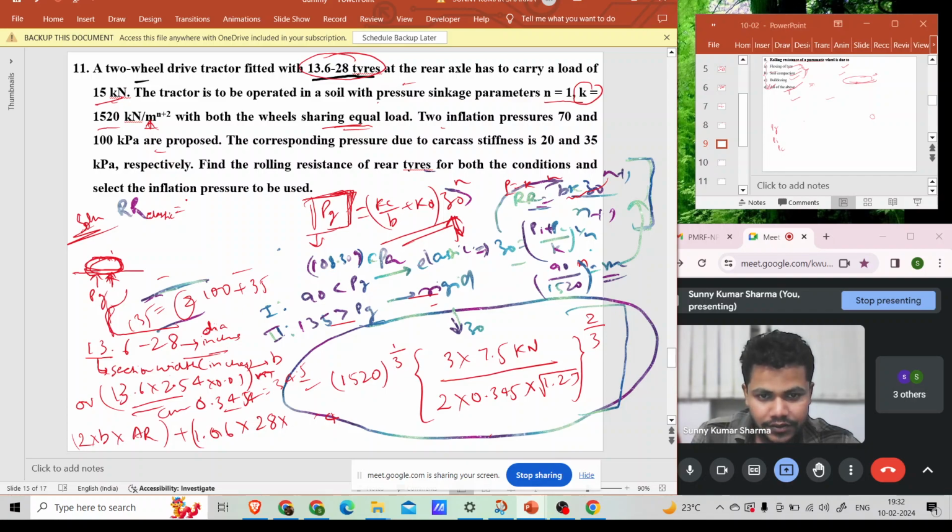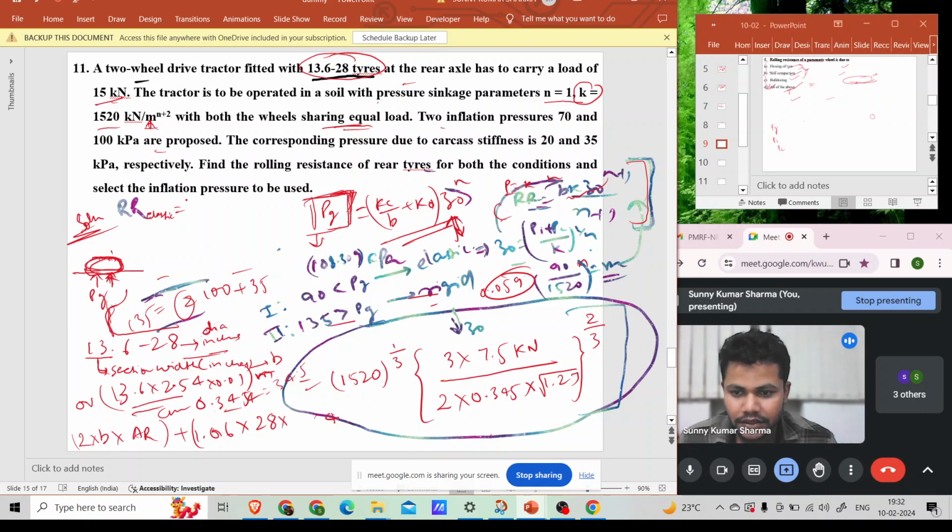Z0 or RR? Z0, sir. Z0 is 0.059. Okay, you put this Z0 here in the rolling resistance. With this Z0, you will get the rolling resistance in elastic mode.